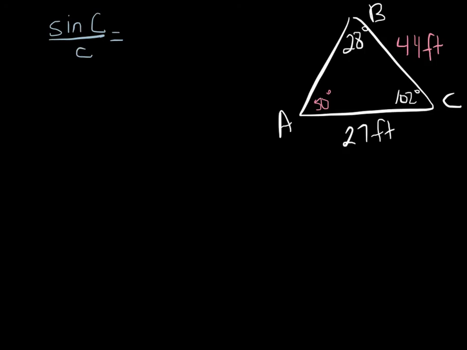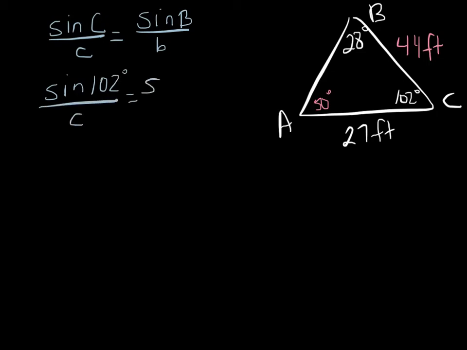We should get the same answer regardless, but I'm going to go with b because that information was given. We know that must be correct. So sine 102 over c equals sine 28 over 27.